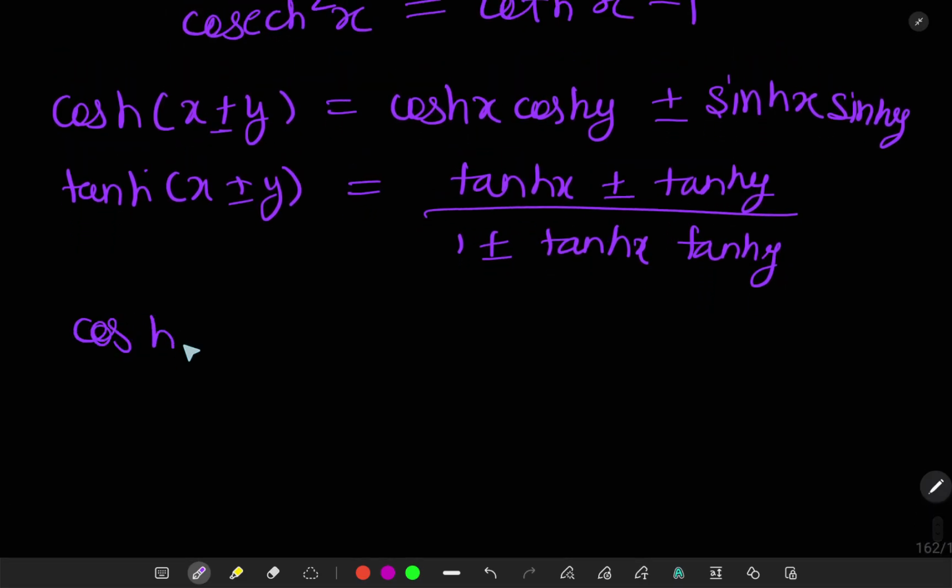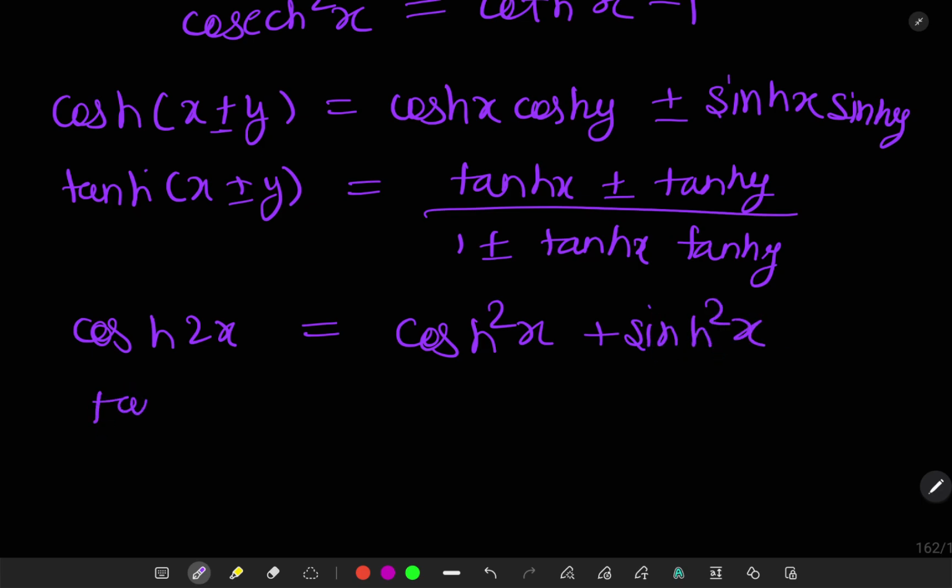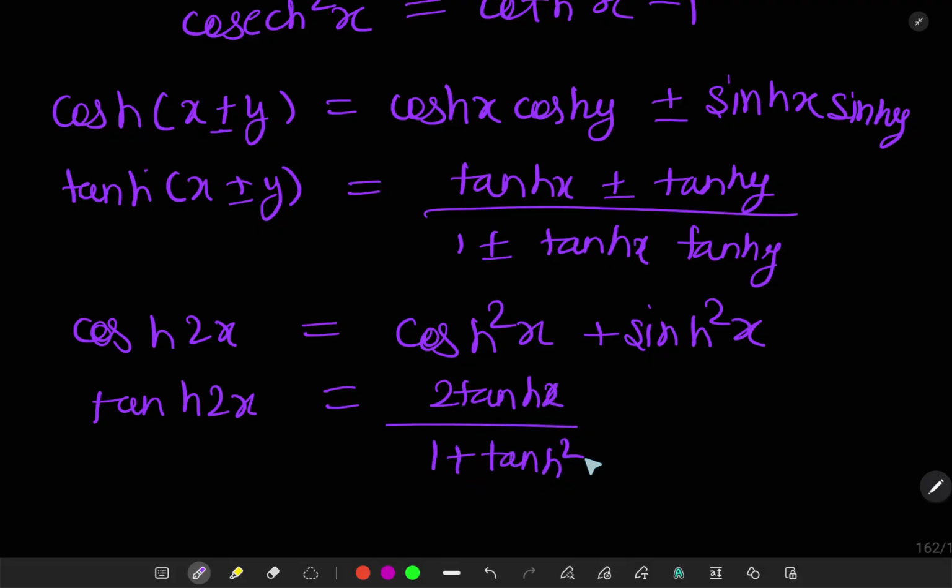Now cos hyperbolic 2x equals cos hyperbolic square x plus sin hyperbolic square x, and tan hyperbolic 2x equals 2 tan hyperbolic x divided by 1 plus tan hyperbolic square x.